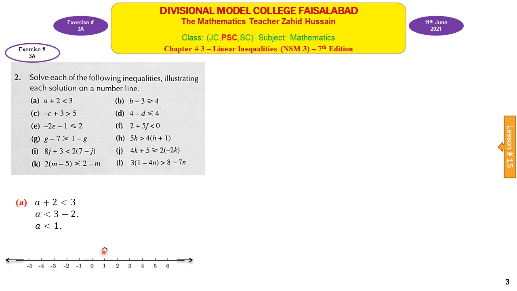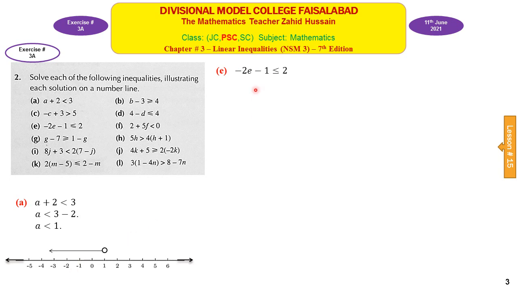And we will draw an arrowed line towards the left because the sign of inequality is less than. For less than or equal to, we draw the arrow towards the left, and for greater than or equal to, we draw the arrowed line towards the right of the circle. So here we will draw a line towards the left. This is the illustration of this inequality on the number line.